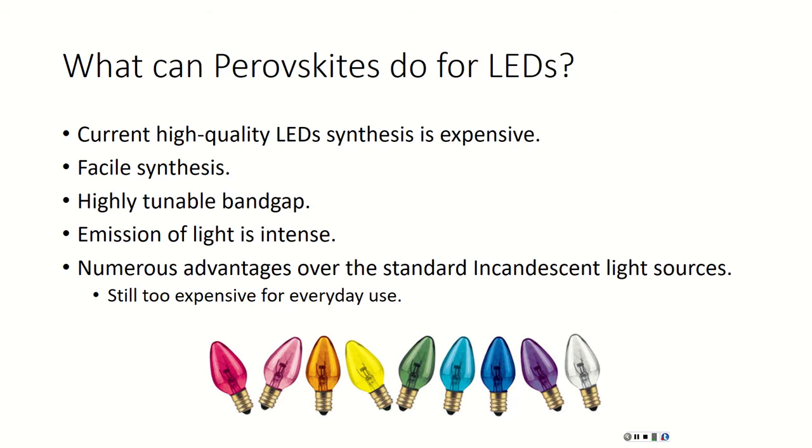So how can you convert electrons to photons? Through recombination, radiative recombination. So during the process, light is given off.